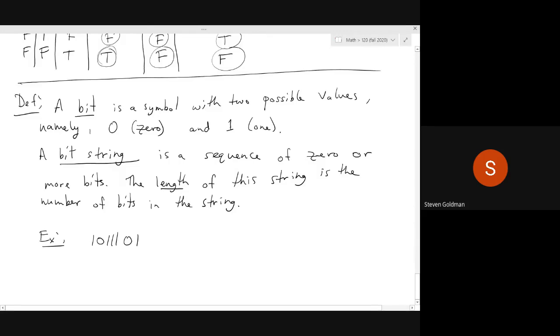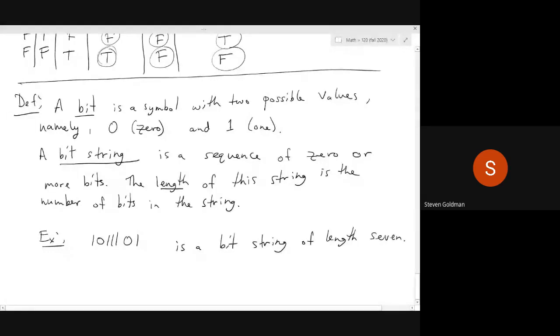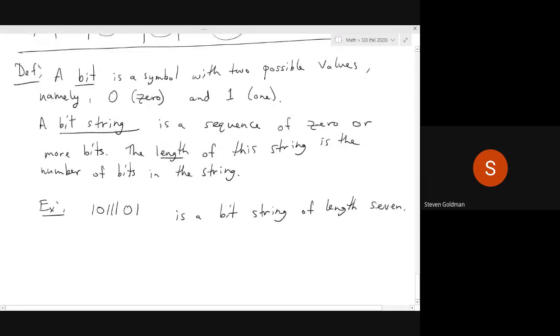This is a bit string of length 7. All right, so I'm just giving you these definitions in case you see these terms used in the homework. Okay, any questions on that?